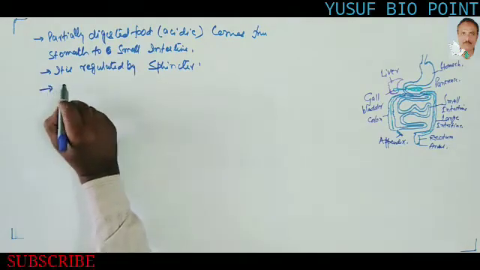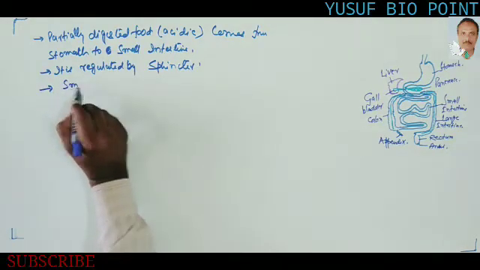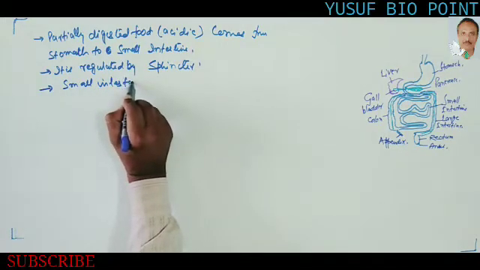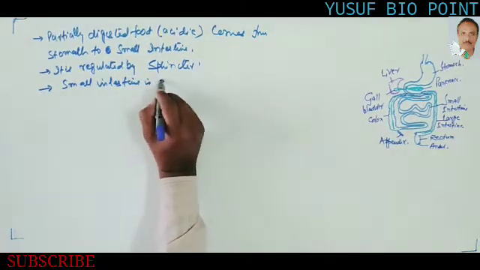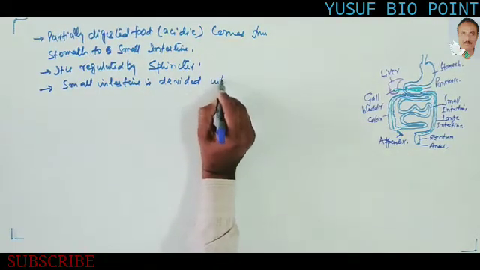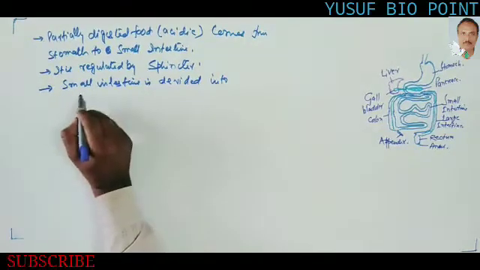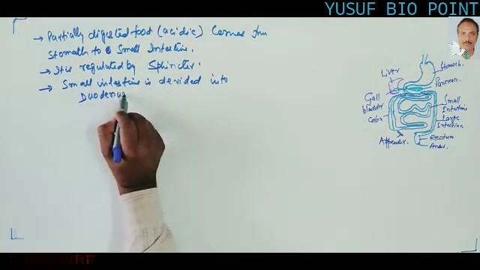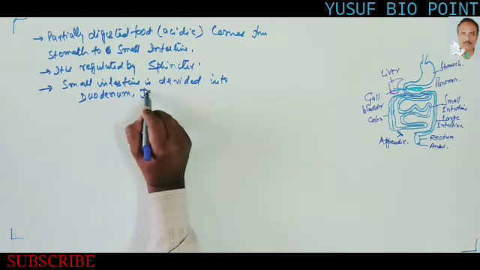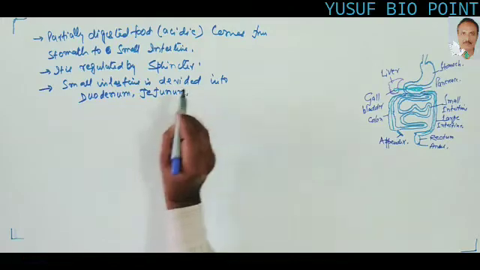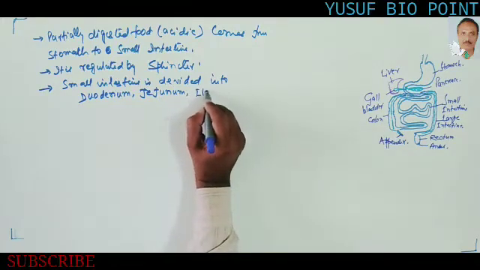The small intestine is divided into duodenum, middle one jejunum, and finally ileum.